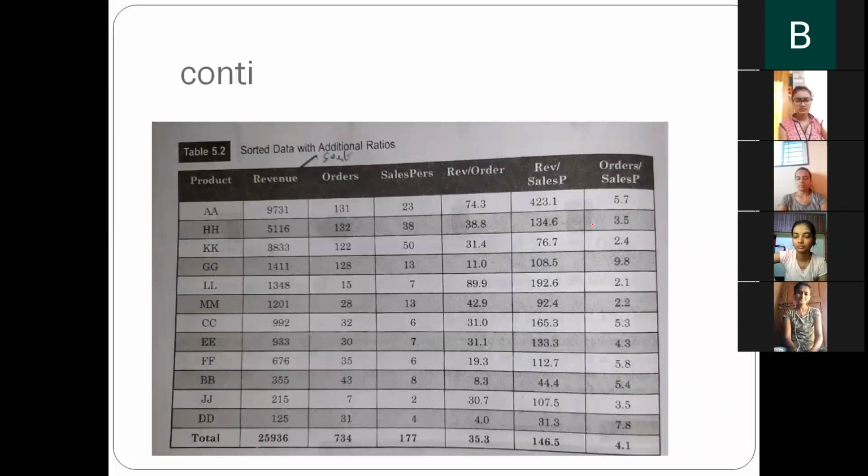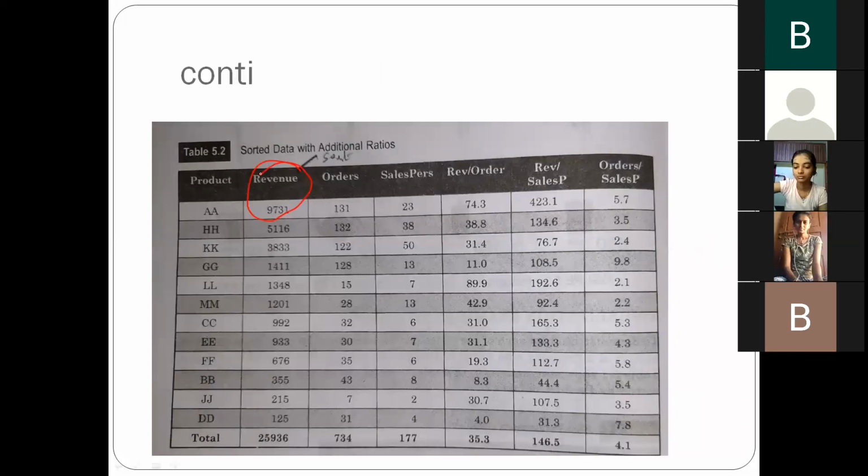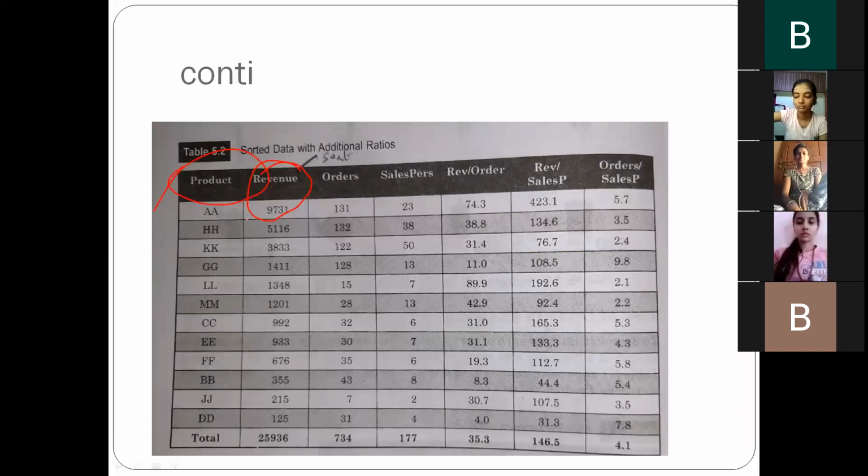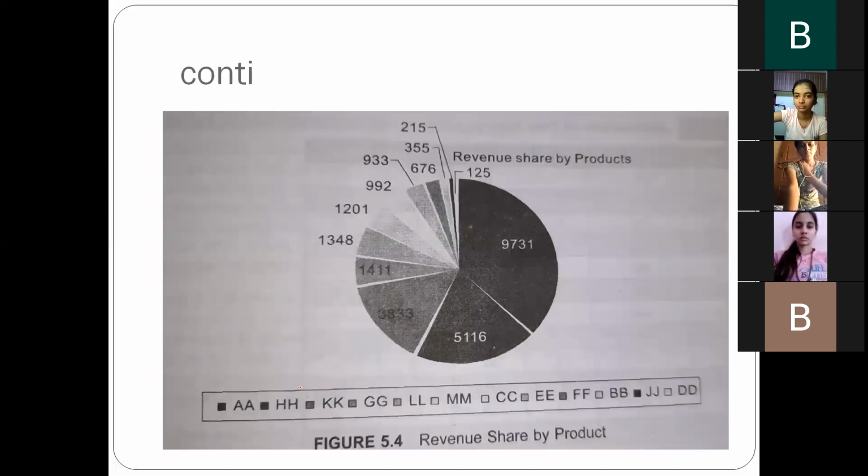Here sorting is done by revenue and not by product. We started with revenue because revenue is an important parameter for our discussion. So we have arranged the data by revenue. See here, it is in decreasing order. Next, we are going to show that with a graph.